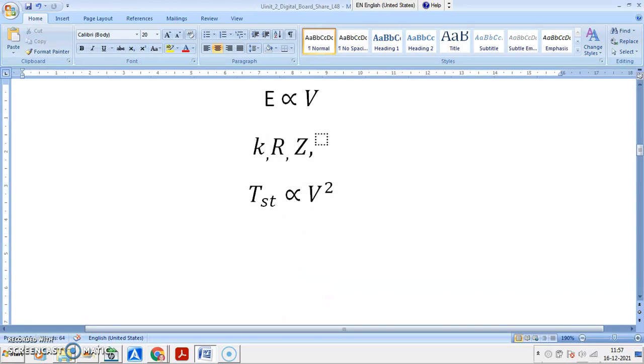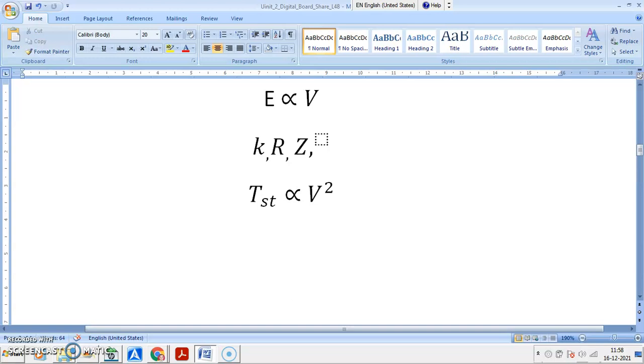Another effect of supply voltage we have discussed. Now you can have the effect of change of voltage on current also.